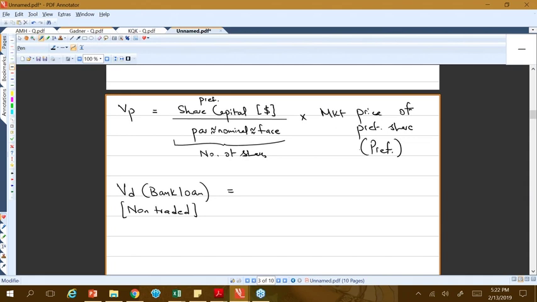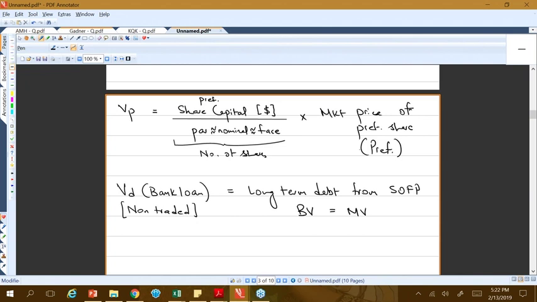So the VD of the bank loan, or the value of debt of the bank loan, is simply the long-term debt from the SOFP, which means that the book value of the bank loan equals its market value. Because it is non-traded, there is no concept of a market price. So whatever it is in book value terms, the same it is in market value terms.